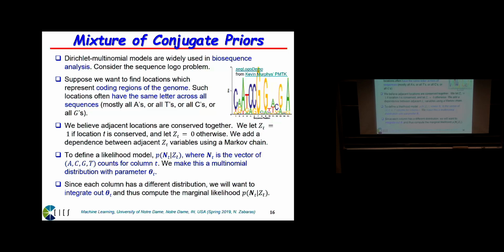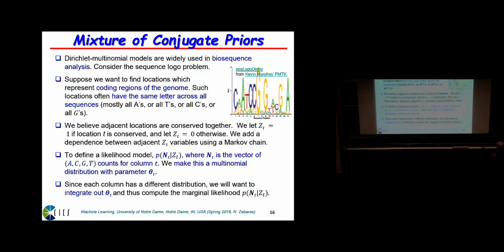The reason I like this example, okay, is that the distribution we want to compute is conditional on this variable Z, and this variable Z tells me if I'm going to have all G's or all A's, or I'm going to have one A, one G, one T. This is what's called if the location is conserved or not, okay? So why am I telling you about this? So obviously there are 4 letters here, right?